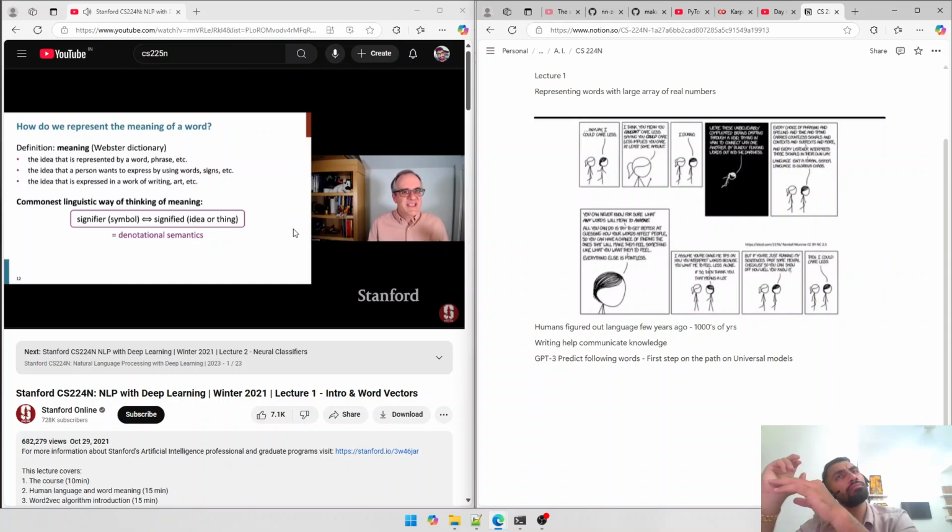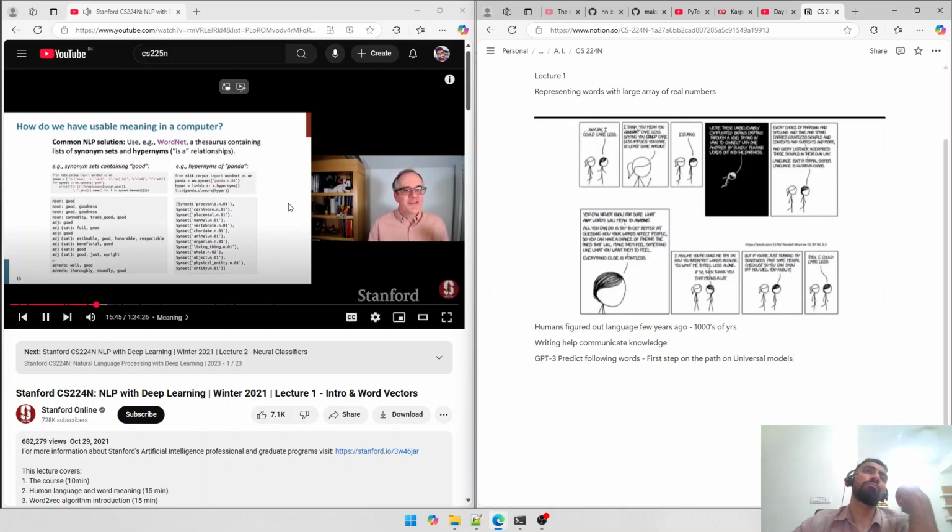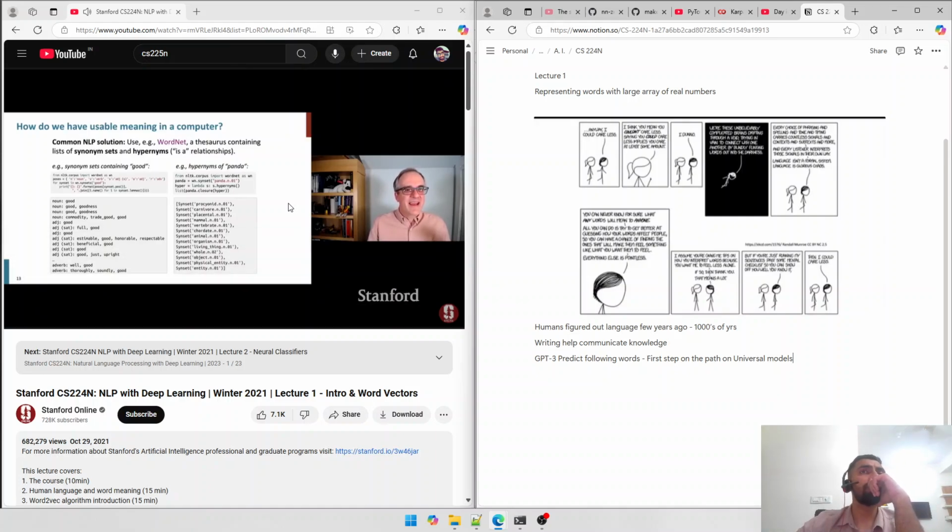Traditionally, the way that meaning has normally been handled in natural language processing systems is to make use of resources like dictionaries and thesauri. In particular, a popular one is WordNet, which organizes words and terms into both synonym sets, words that can mean the same thing, and hypernyms, which correspond to is-a relationships.